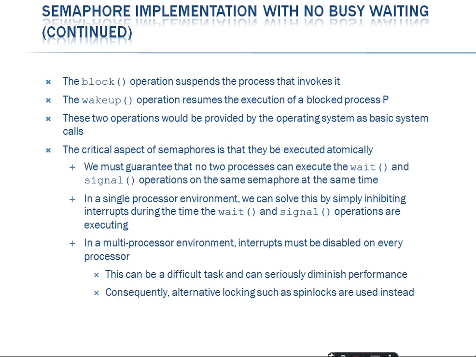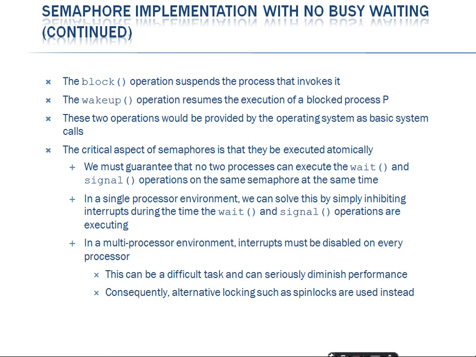Now, a critical aspect of semaphores is that they must be executed atomically. We must guarantee that no two processes can execute the wait and signal operation on the same semaphore at the same time. In a single processor environment, we can solve this by simply inhibiting interrupts during the time the wait and signal operations are executed.